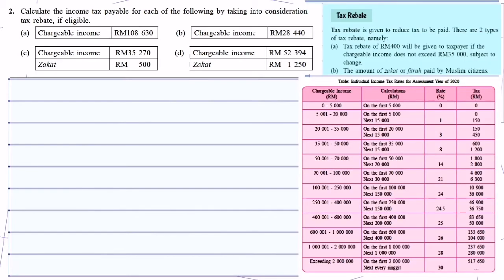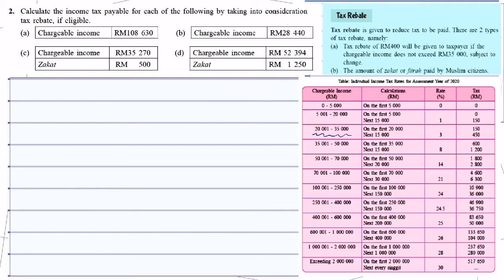Question number 2b, taxable income 28,440. So now again, before we calculate the income tax, first we need to refer to the table. 28,440. Okay, so in here, right? 20,001 to 35,000.